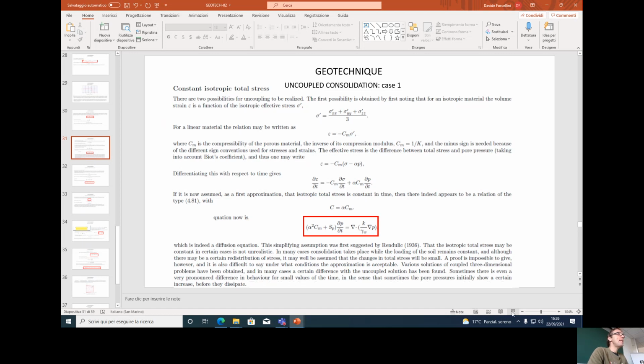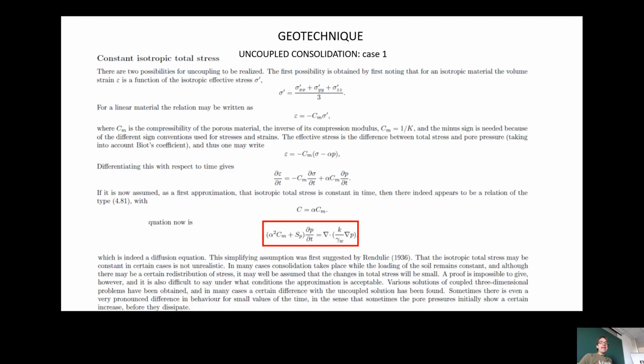So let's see a little bit what I call case 1. We have two possibilities of uncoupling of the soil. The first possibility is to obtain that the volume strain epsilon is a function of the effective stress sigma prime.